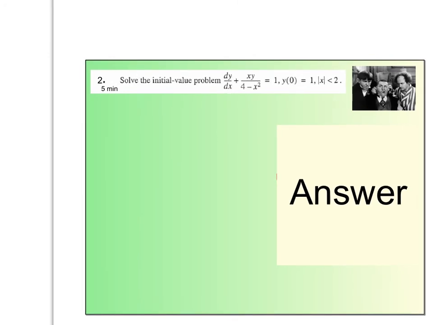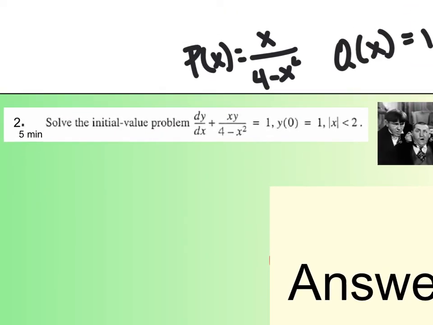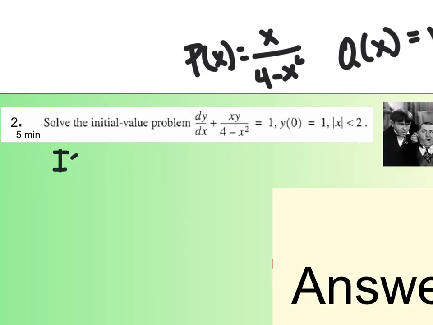Okay, this is in form for us, so it looks to me like p of x is x over 4 minus x squared, and q of x again is 1. So I of x is going to be e to the integral of x over 4 minus x squared.